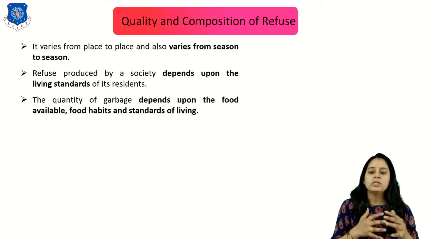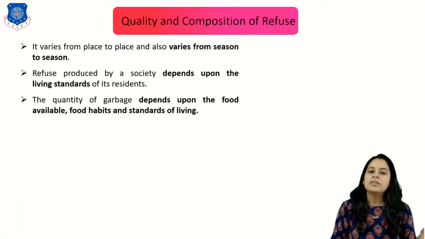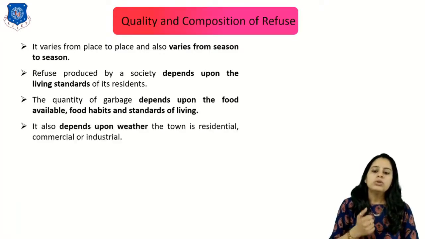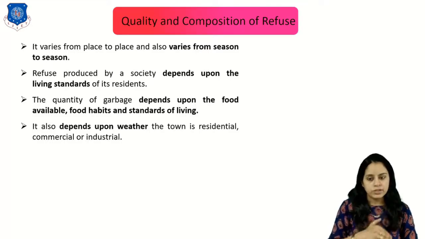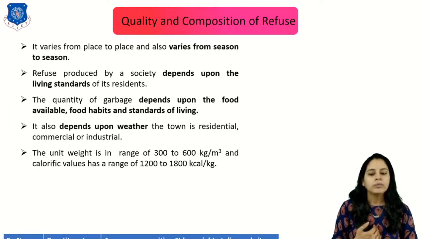Now the third one, the quantity of garbage, also depends upon food availability, food habits and the standard of living. It also depends on whether the town is residential, commercial or an industrial area. The unit weight ranges from 300 to 600 kg per meter cube, and the calorific value has a range of 1200 to 1800 kilocalorie per kg, right?